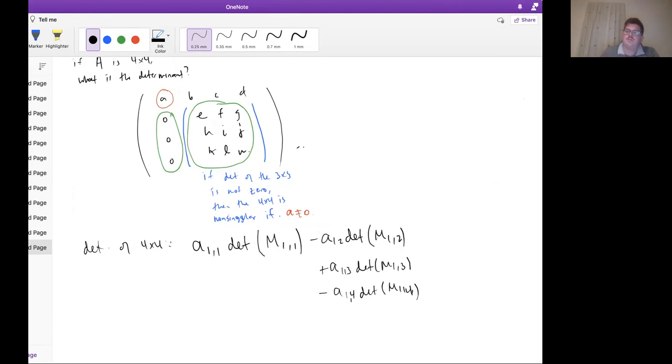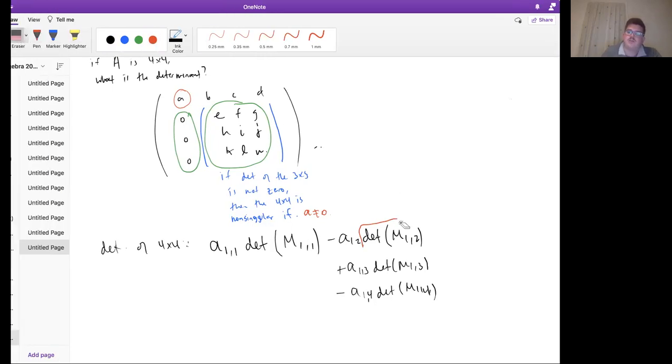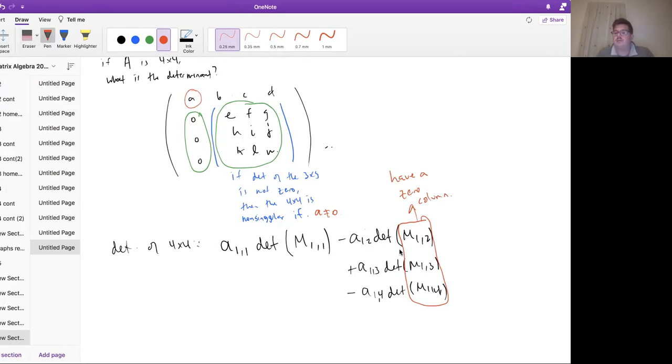Think about M12, M13, and M14. What do the matrices look like? What do they always have, these entries? They have a 0 column. Right. So it's okay to put them in the formula now, right? Because they're not contributing anything.